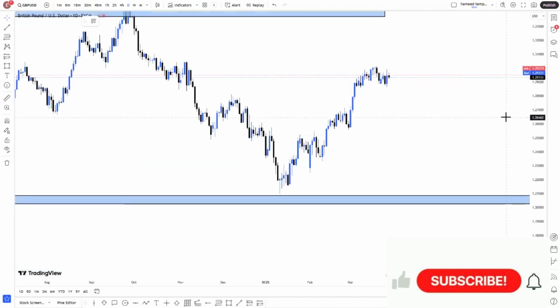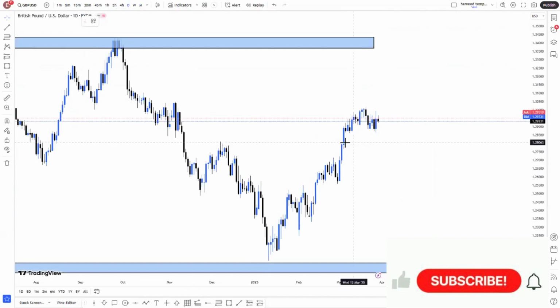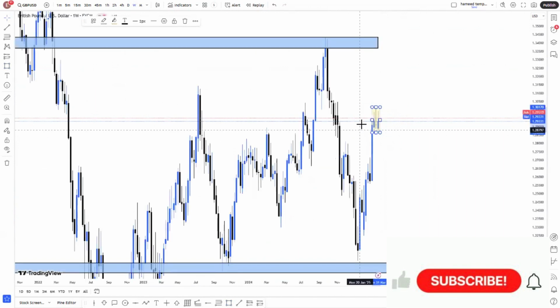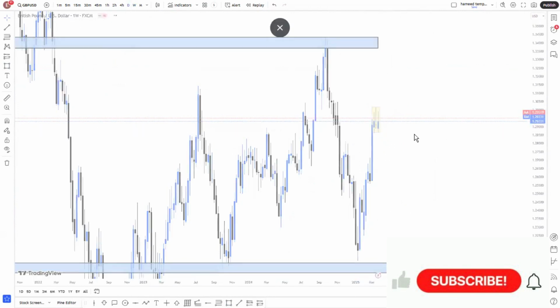Now, on the daily time frame, we have this consolidation level here, this range, which also serves as the weak rejection we are seeing on the weekly time frame.